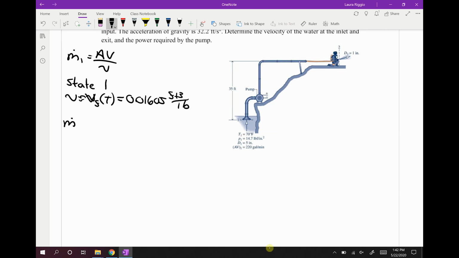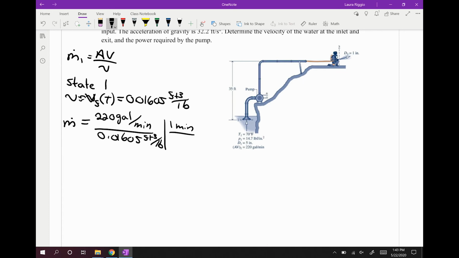So our mass flow rate is equal to 220 gallons per minute divided by our specific volume of 0.01605 cubic feet per pound.